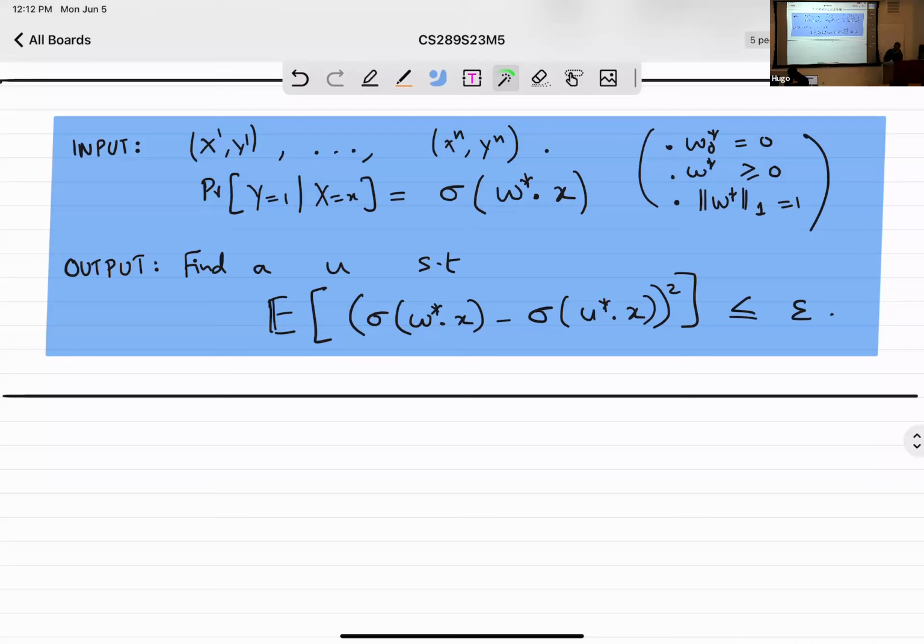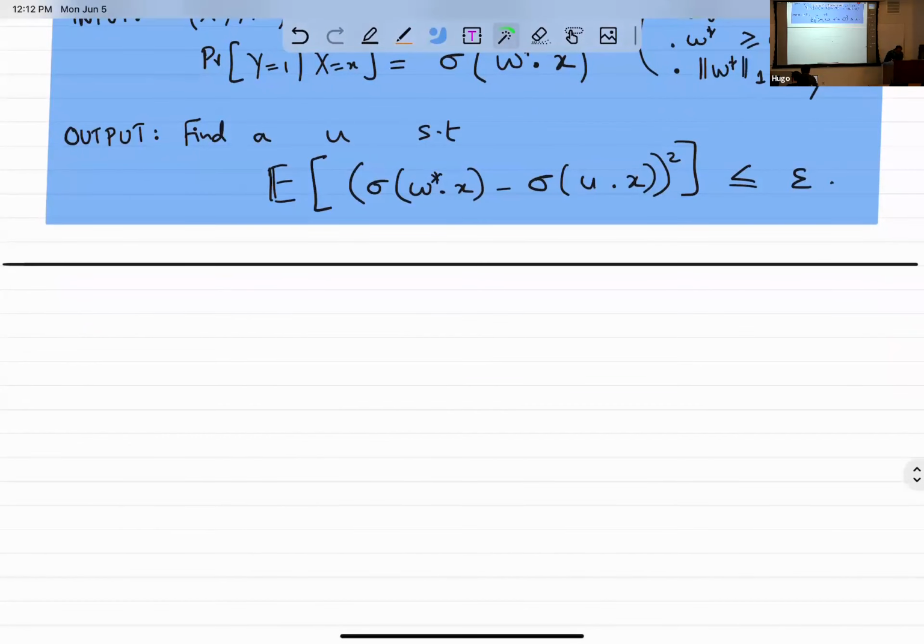So you might shoot for finding a U, which is also a distribution. And I said at the beginning, whenever you're working in the space of distributions, multiplicative weights update is a nice method. It's really an analog of gradient descent when you're working in the space of distributions.